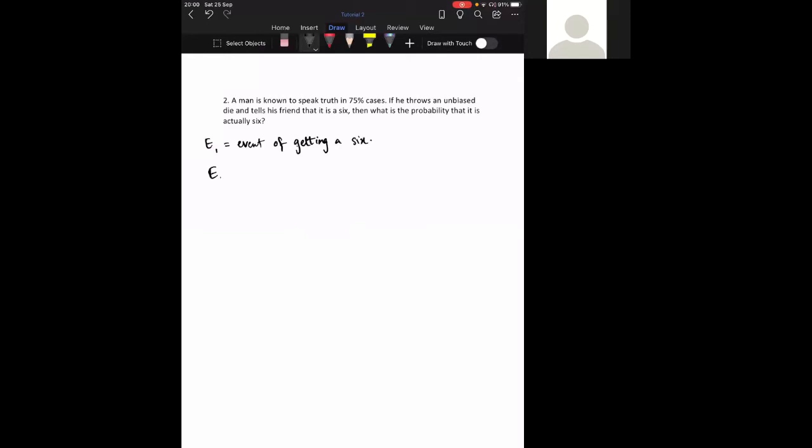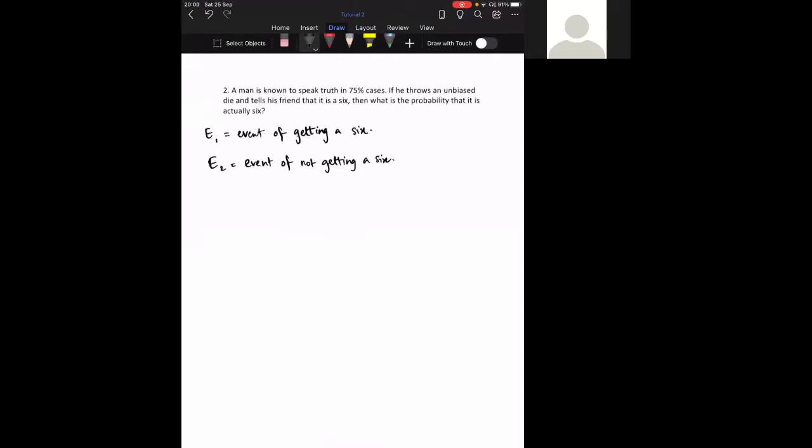Event E2 is the event of not getting a 6. And let E be the event that the man reports a 6. So the man tells you that the die is a 6.